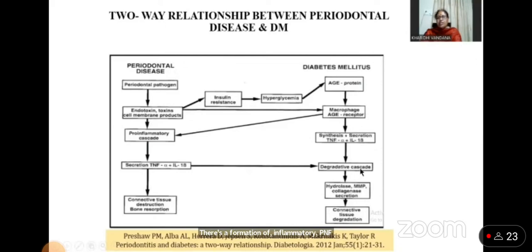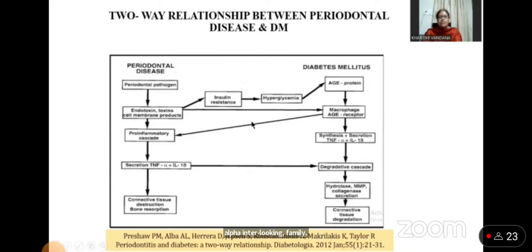These are a degradative cascade forming collagenase and various other enzymes which can destroy connective tissue. Similarly, in periodontal disease, the source is periodontal pathogens with endotoxin and toxin production. The pro-inflammatory cascade is stimulated, generating TNF-alpha and the interleukin family. This can lead on to connective tissue destruction.